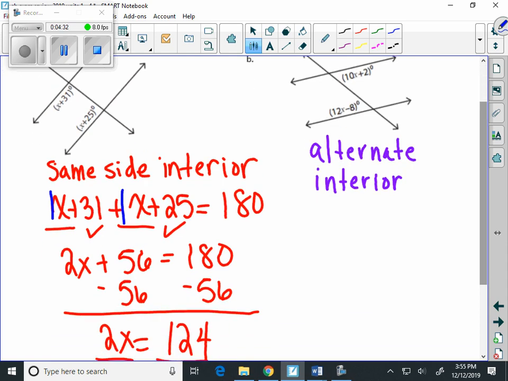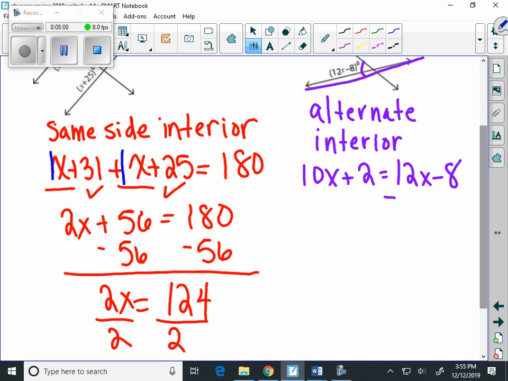And what we know about alternate interior angles, see how they're in between this line and this line, and they're on opposite sides. That's what an alternate interior angle is. What we know from those is that we can take the 10x plus 2 and set it equal to the 12x minus 8. Alternate interior angles are congruent.